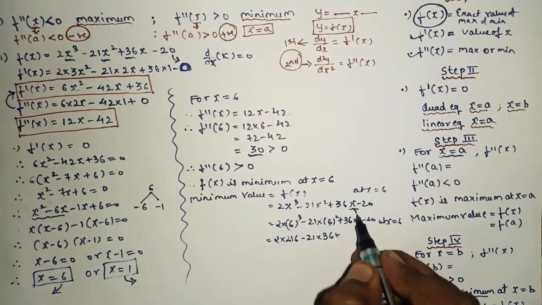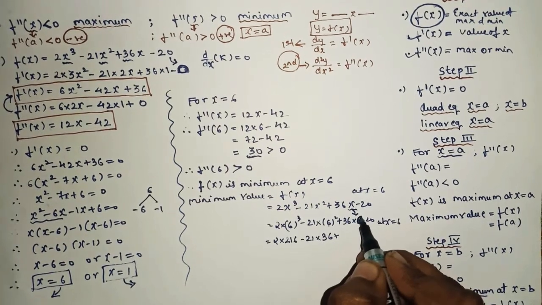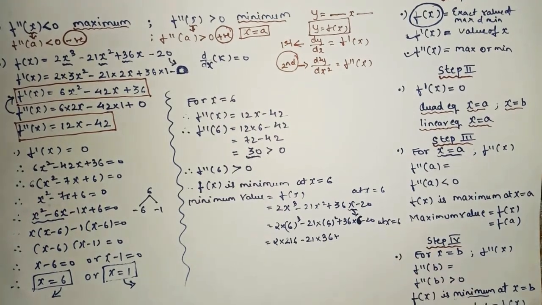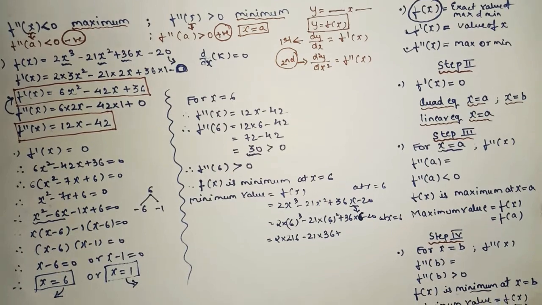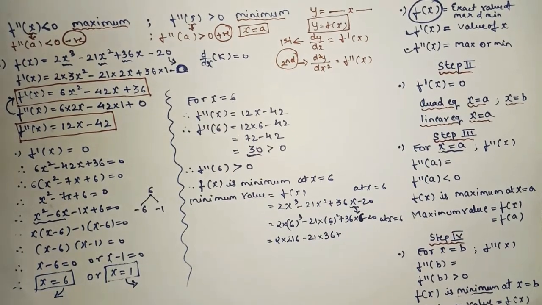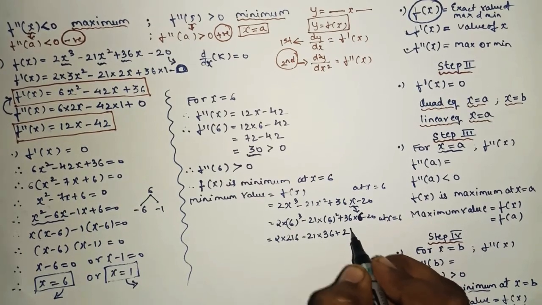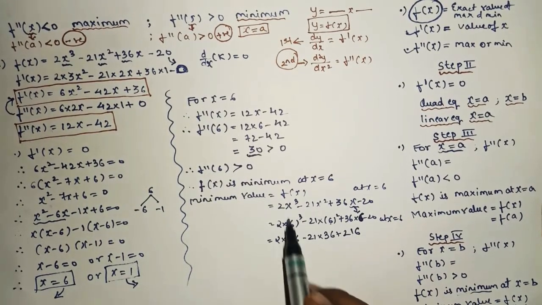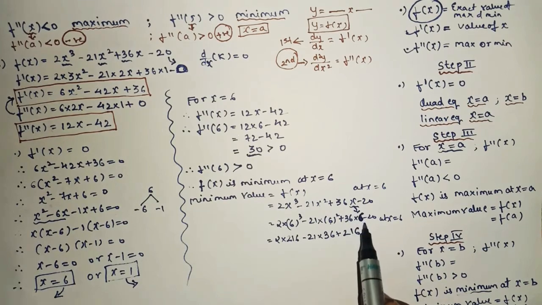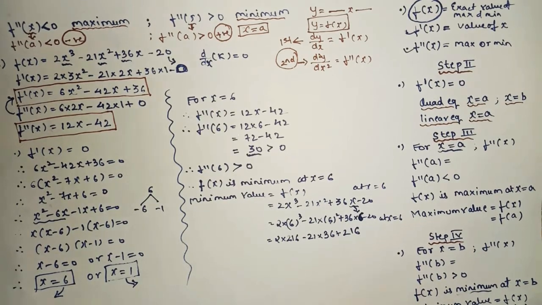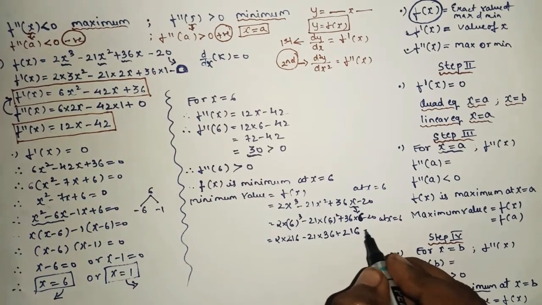Sorry, here the value of x is 6, we'll write 6, not 2. Be careful while substituting. So 21 into 6 square is 36 into 6, again 216, because we have to replace the x by 6. I mistakenly wrote 2 here, so it will be 6 only. Minus 20.